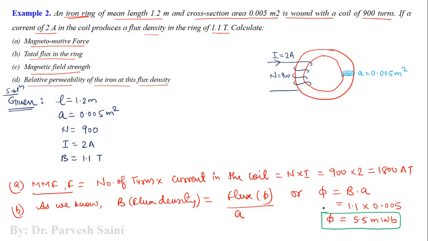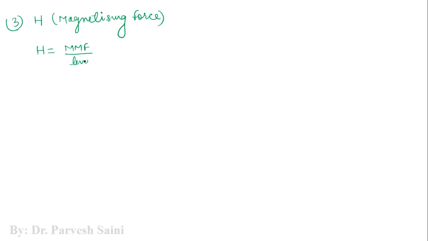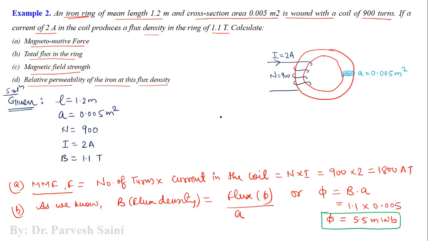Then the third parameter is we have to calculate the magnetic field strength. Now the third thing is H, we have to calculate the magnetizing force. So H is basically equal to the magnetomotive force divided by the mean length of the magnetic circuit. So we can write it as F upon L, and F is nothing but N into I divided by L. So F we have already calculated here, which is 1800, right?